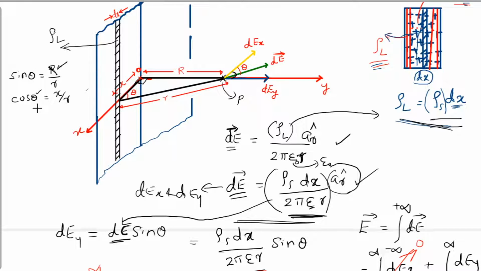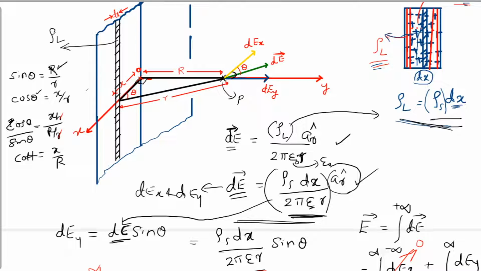I want x in terms of R and theta because I am trying to write the equation with respect to d theta. Theta can be variable, but two terms cannot be variable. Only one term can be variable. So let me try taking the ratio, cos theta divided by sin theta.